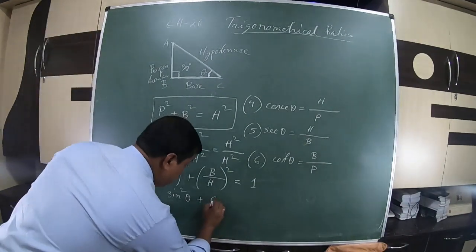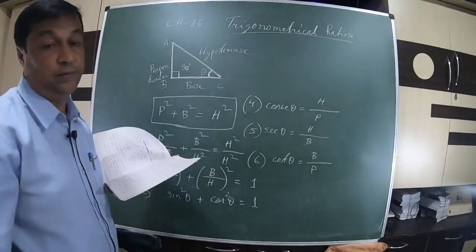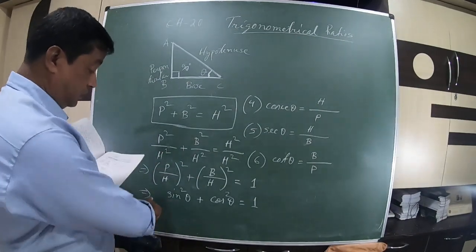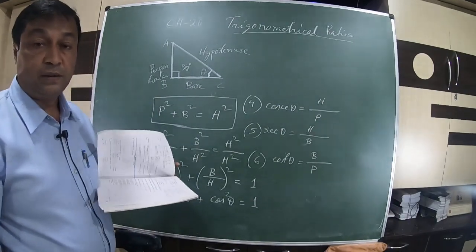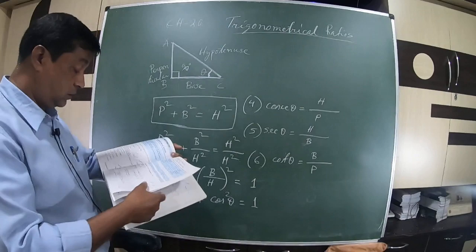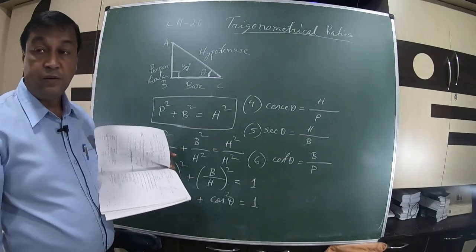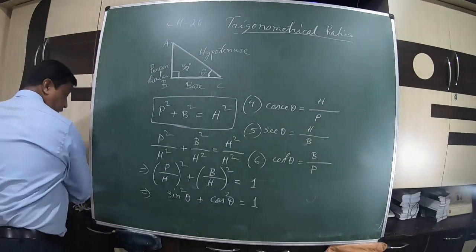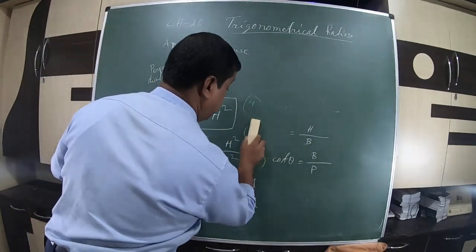So it will be cos square theta, and that is equal to 1. So this way you can get the relation that sin square theta plus cos square theta will be equal to 1. Similarly, you can find out the other related formulas with the squares of their ratios.